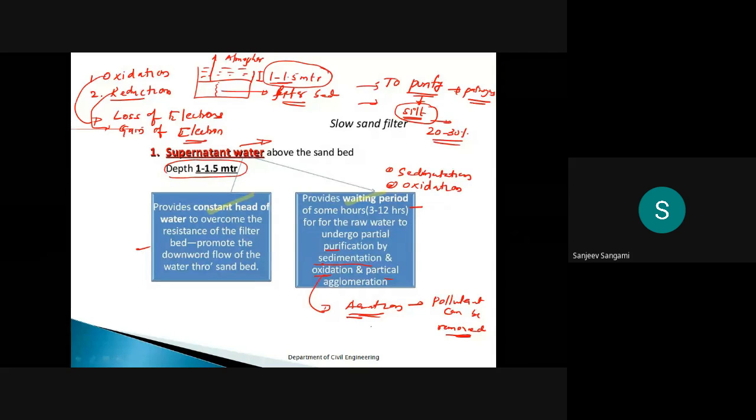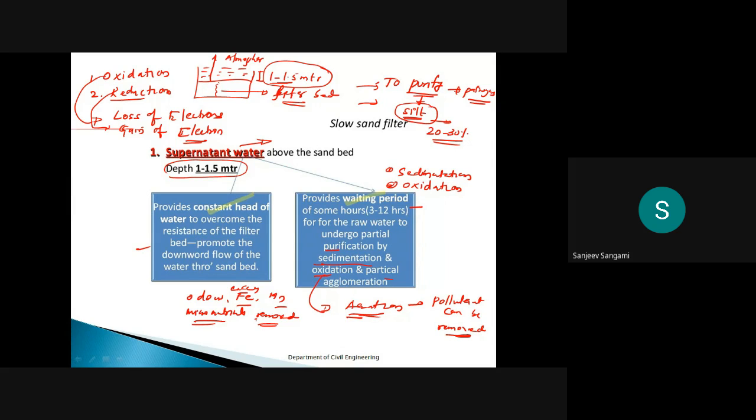Definitely, we are even going to remove the odor, excess iron and manganese, and some of the micronutrients other than iron and manganese can also be removed.